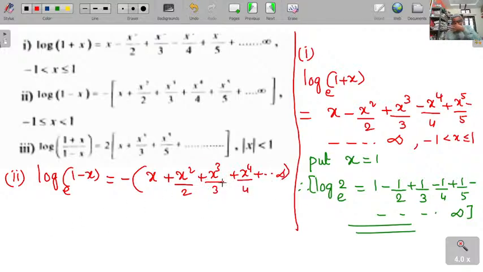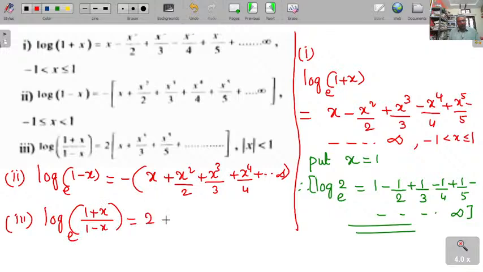Now if you subtract the second from the first, you get the third series: logarithm of (1 plus x) by (1 minus x) to the base e is equal to 2 times of x plus x cube by 3 plus x to the power of 5 by 5 and so on to infinity.